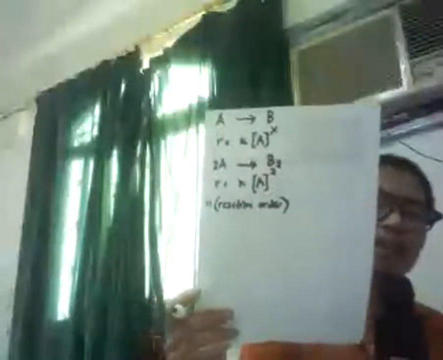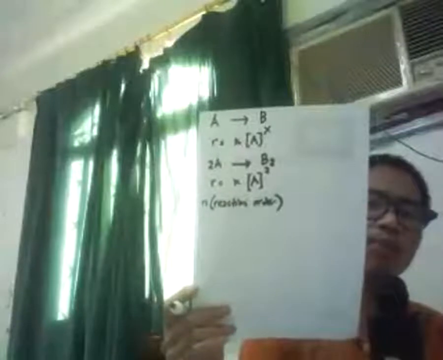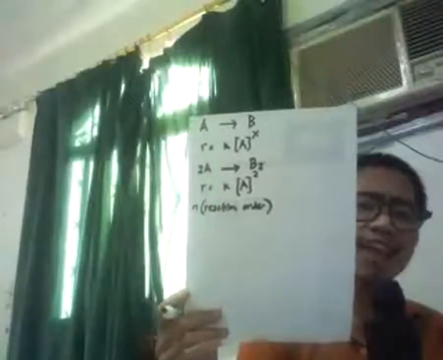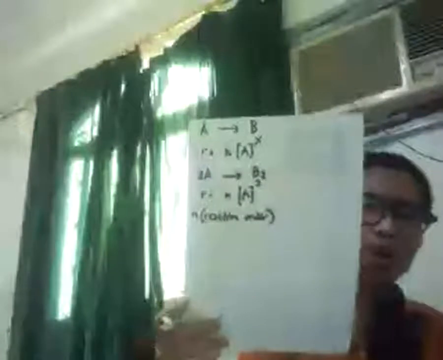So we still use this very basic equation, A is equal to B, to obtain a rate law. We will not go into bimolecular, trimolecular, or termolecular chemical reactions. So our rate law will start from the basic: reactant A will produce B.